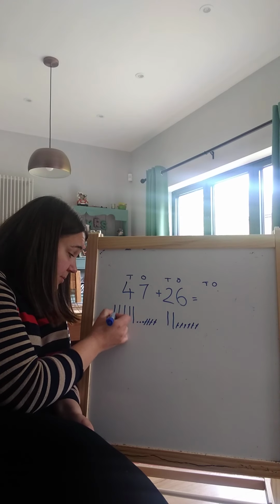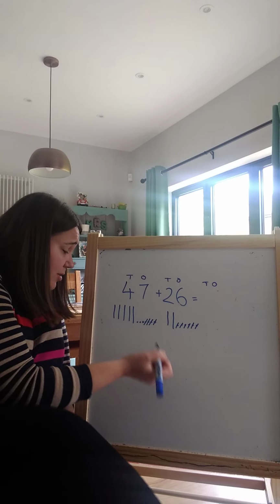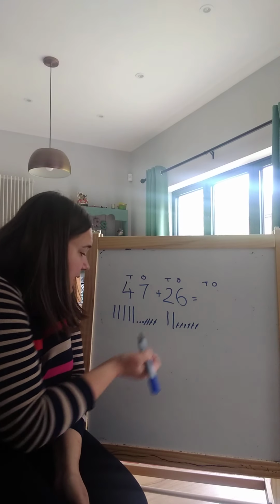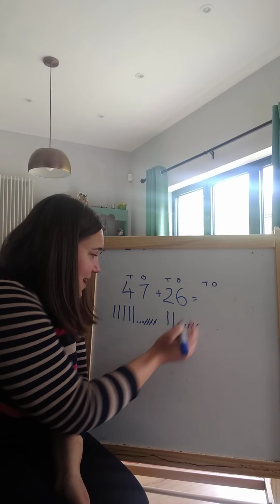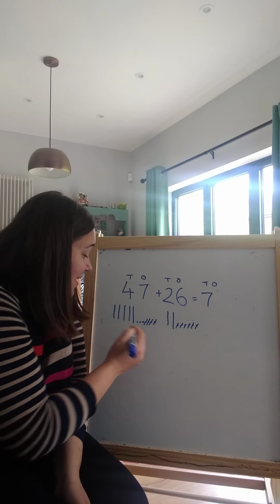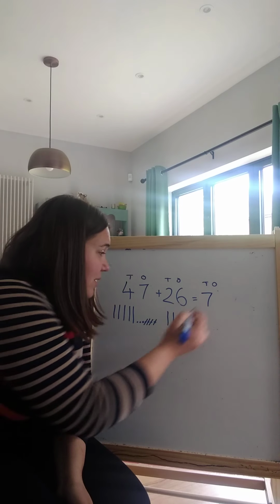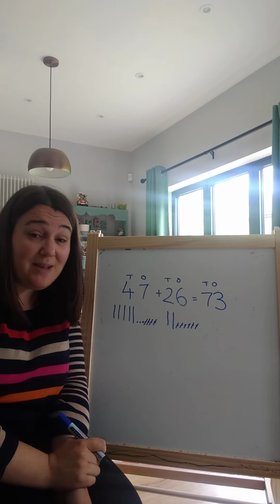Make a 10. Doesn't matter which side you put it on. You might even put it separate somewhere else. So now I can count up. I've got 1, 2, 3, 4, 5, 6, 7 tens, which is 70, and I've got 1, 2, 3 ones. So my answer is 73.